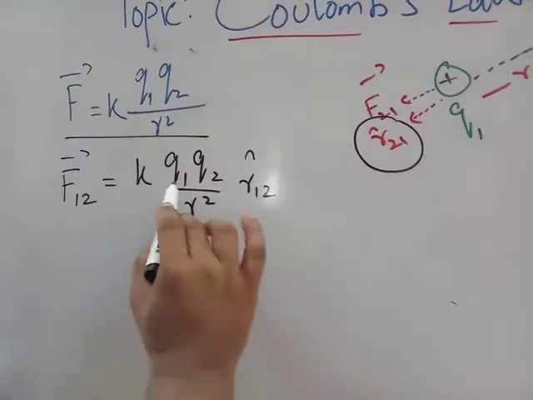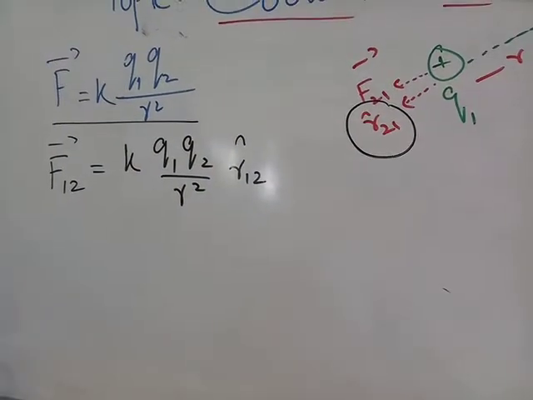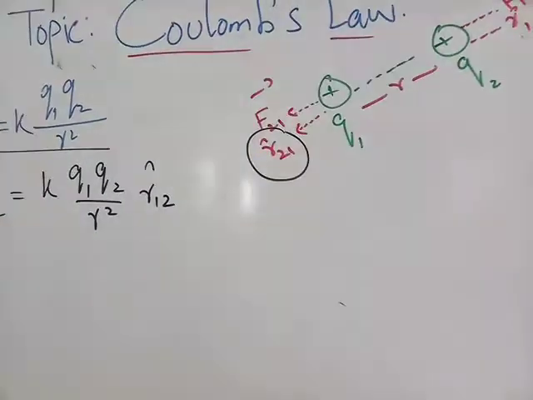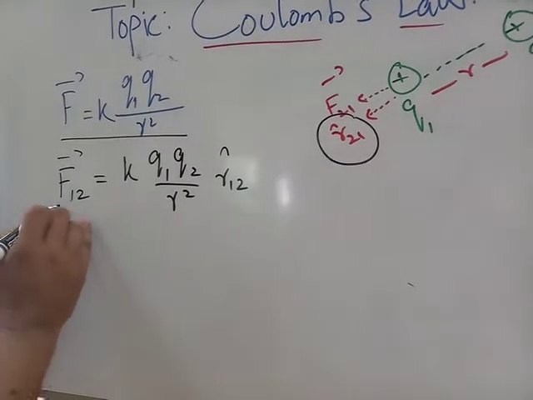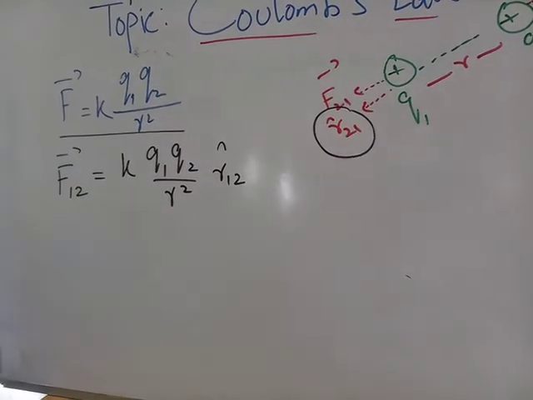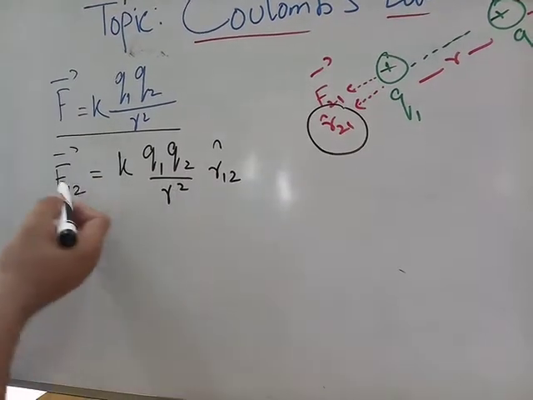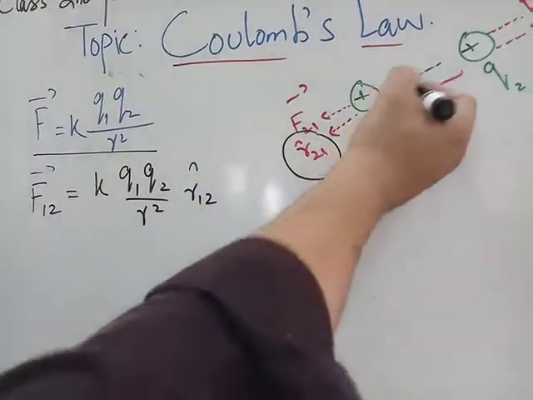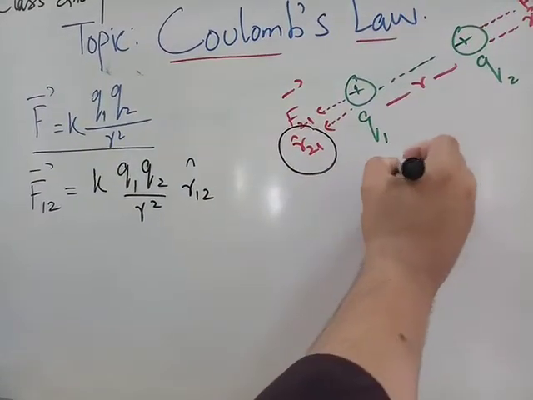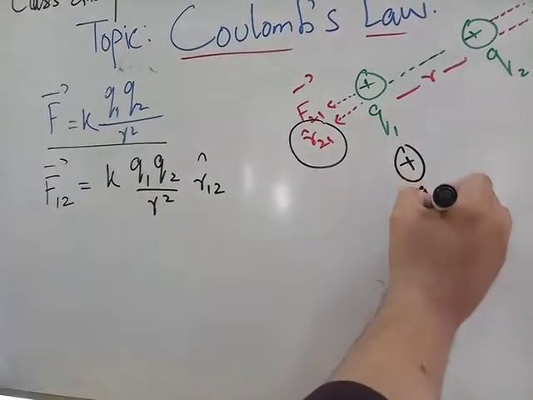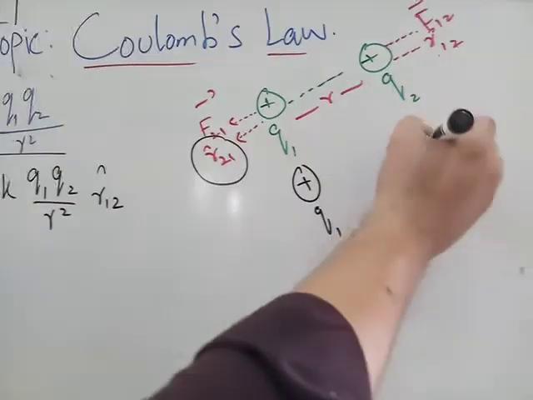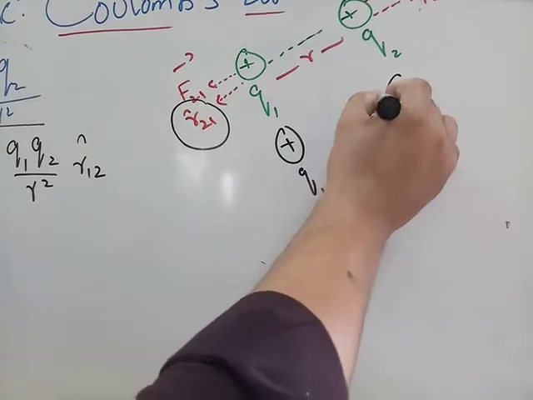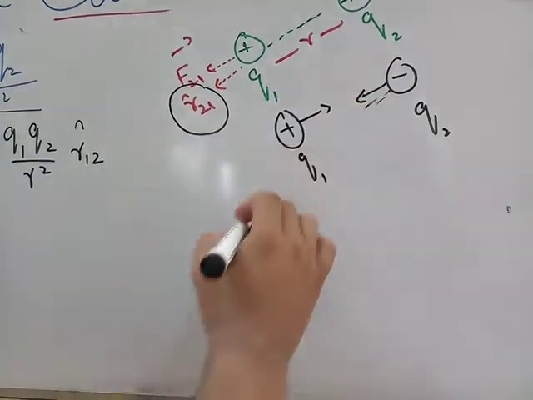If these two charges are like charges, meaning these two are positive charges, the resultant force will be positive, and this force will be a repulsive force. And if the charges are unlike, meaning this is Q1 and the other is a negative point charge, Q2, the force is an attractive force between these two.